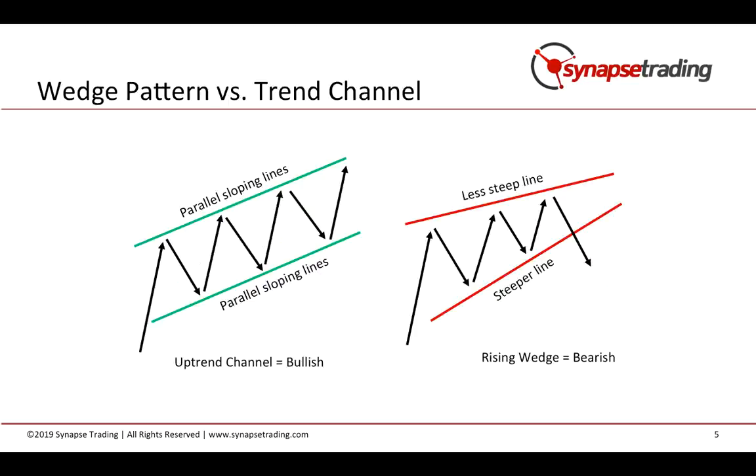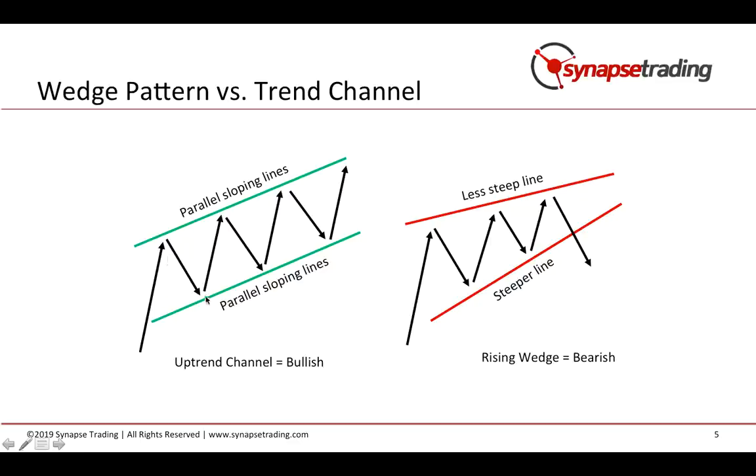A bit of confusion arises in differentiating the wedge versus the trend channel, so I'm going to explain it clearly in this slide. The first thing you see here is the uptrend channel.